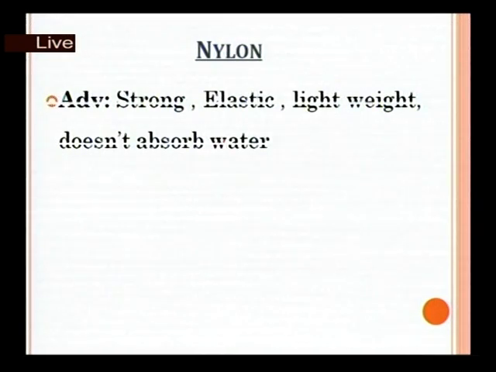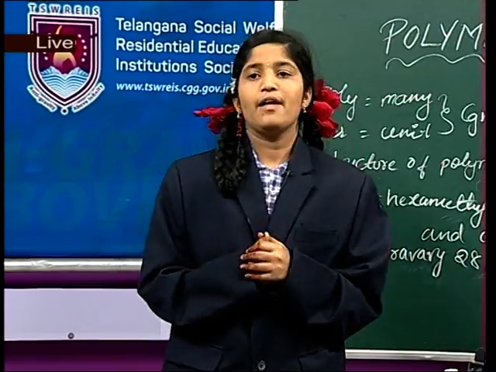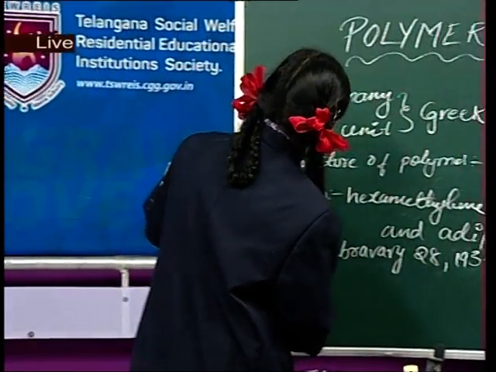Advantages of nylon: nylon is strong, elastic, lightweight, and it does not absorb water very much, and electric static is easily created in nylon. Applications: some articles are made of nylon, like parachutes, toothbrush bristles, ropes, etc. Okay friends, have you understood about nylon? Okay, the second one is rayon.